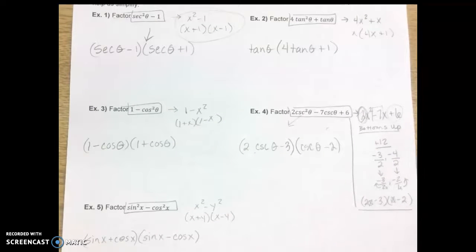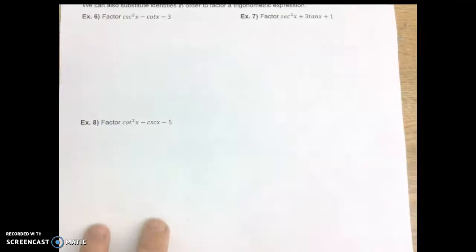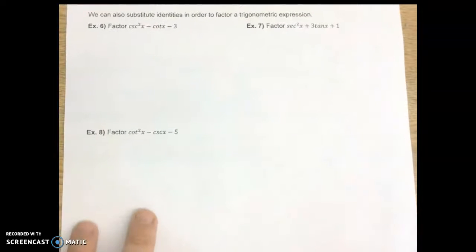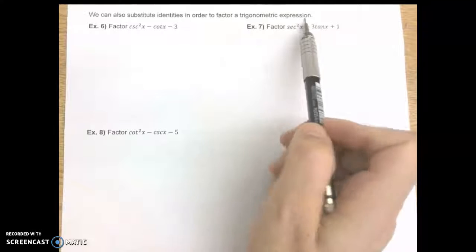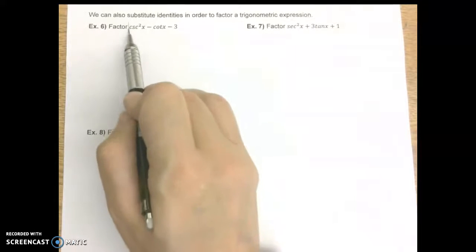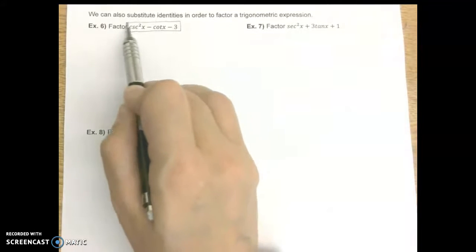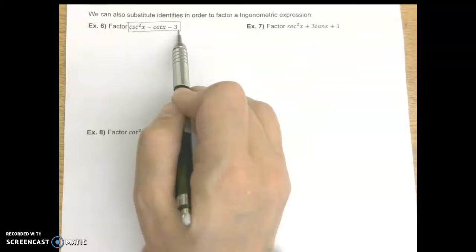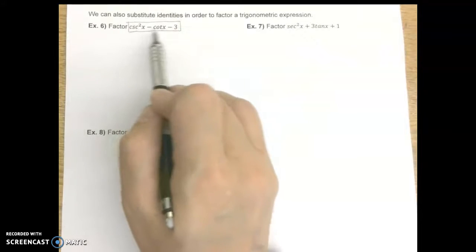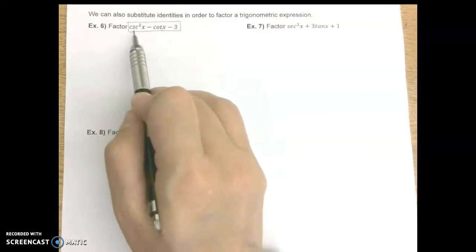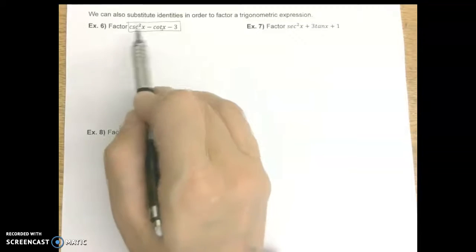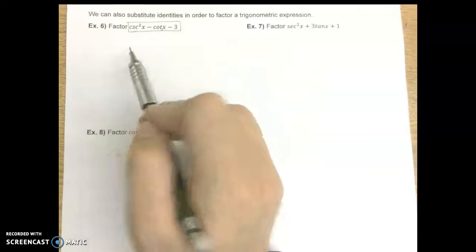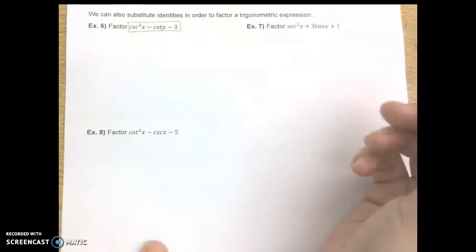Okay, now let's talk about substituting these identities. So we can also substitute identities in order to factor the expression. So notice here, I have cosecant squared x minus cotangent x minus 3. Well, these are not like terms. So I need to figure out how to change one of those to give me all the same trigonometric terms.